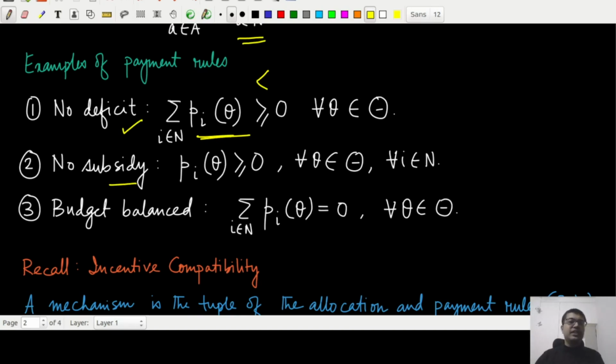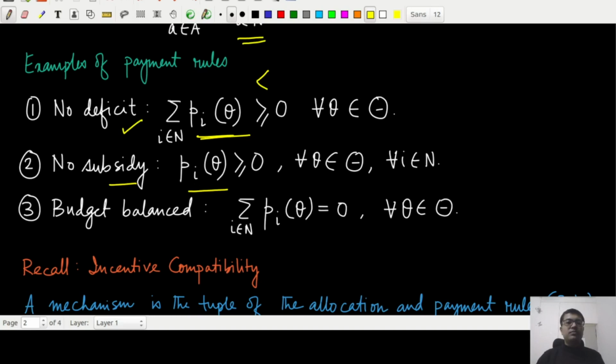So some players are asked to pay a certain amount of money, a positive amount of money. Some players are given payment by the mechanism designer, but no subsidy actually rules out that possibility. It says that everybody should be either paying or not paying any amount of money, but the mechanism designer will never pay any of these individuals.